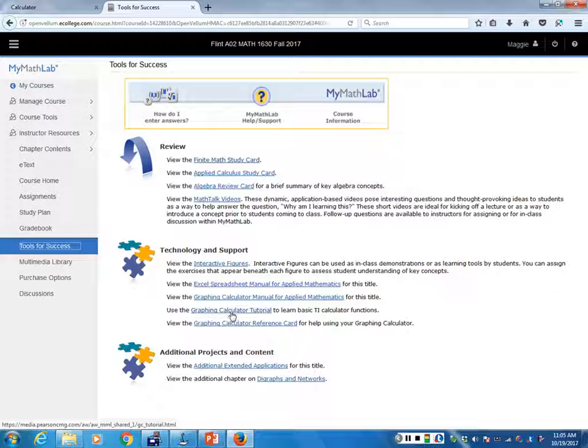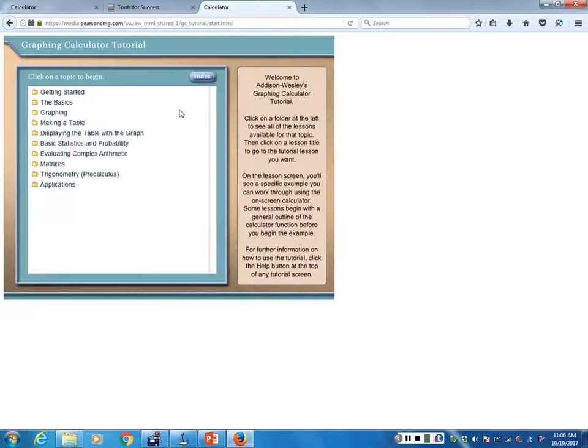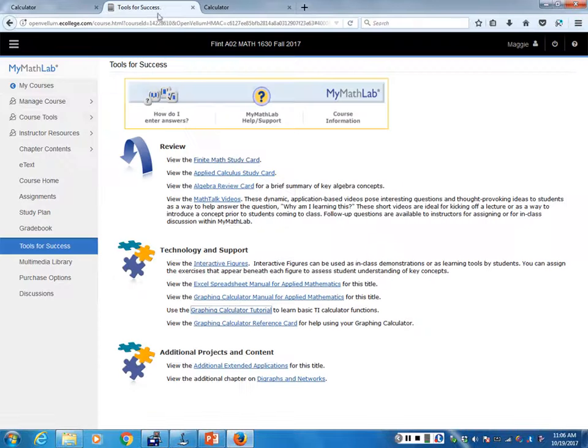It's this one right here. And it opens up in a new window. Okay? So it's under Technology and Support, and it's the next to the last one. Use the Graphing Calculator tutorial to learn basic TI calculator functions.